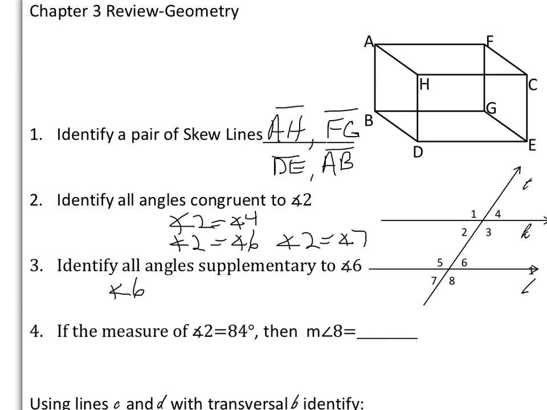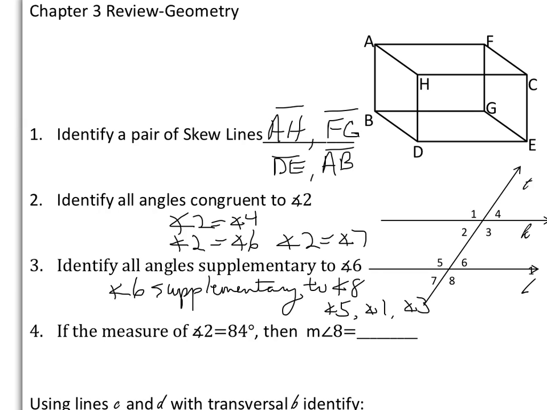So if angle 6 is supplementary to angle 8, then it must also be supplementary to angle 5, angle 1, and angle 3, because those are all of the angles that are equal to angle 8. So if it's supplementary to angle 6, it has to be supplementary to the rest.